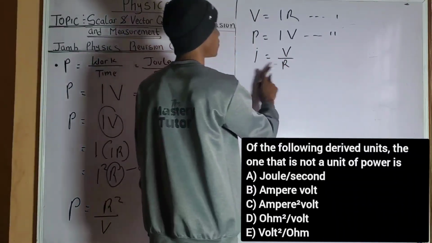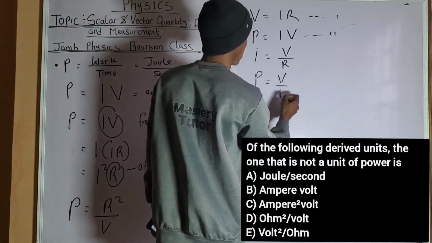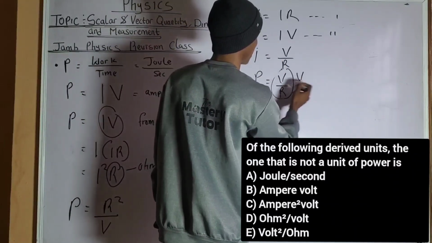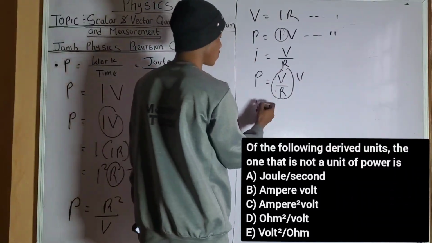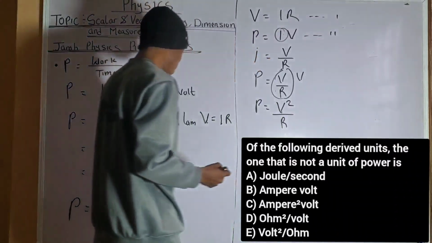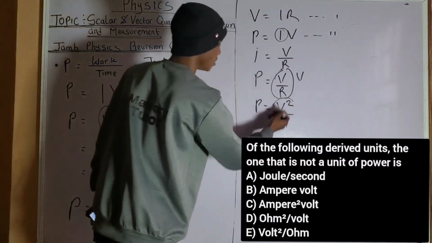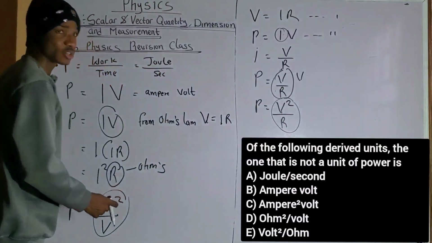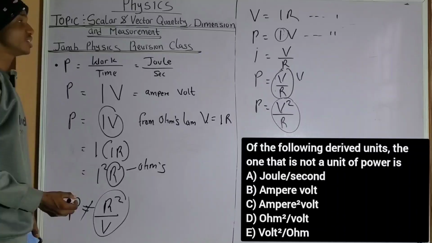So substitute the value of I into this formula. You're going to have power equals V over R multiplied by V, because now I has been replaced as V over R. So I'm going to have P equals V squared all over R. Now, listen carefully. If you compare this and this, you will discover that they are not equal. So this is not correct. Option D is not correct.